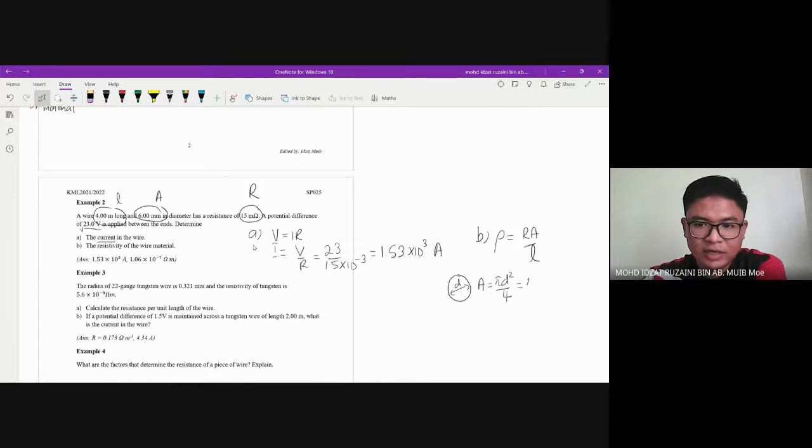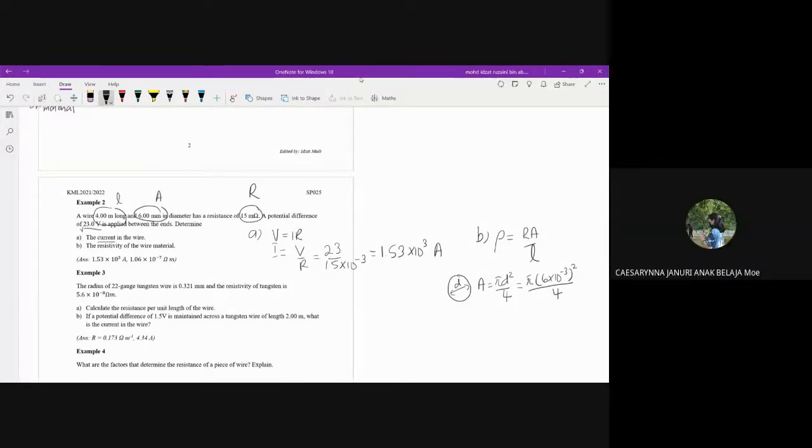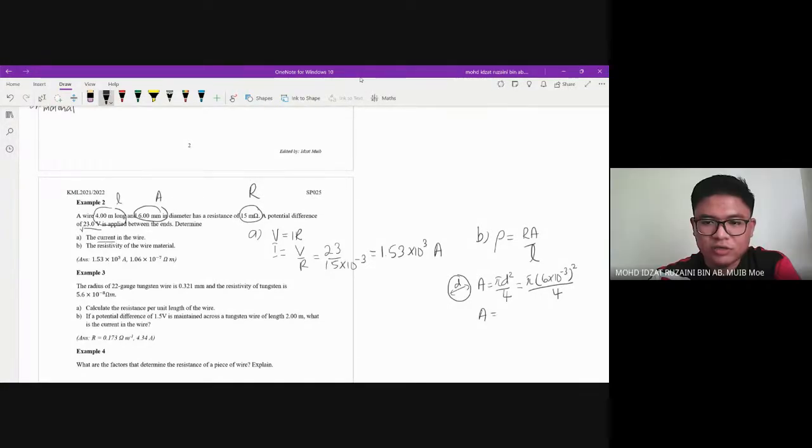So pi d kita ialah 6 darab 10 kuasa negatif 3 kuasa 2 bagi dengan 4. Maka A yang kamu dapat ialah 2.82 darab 10 kuasa negatif 5.